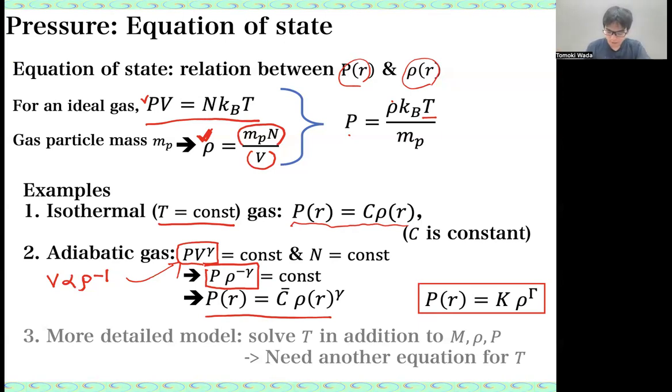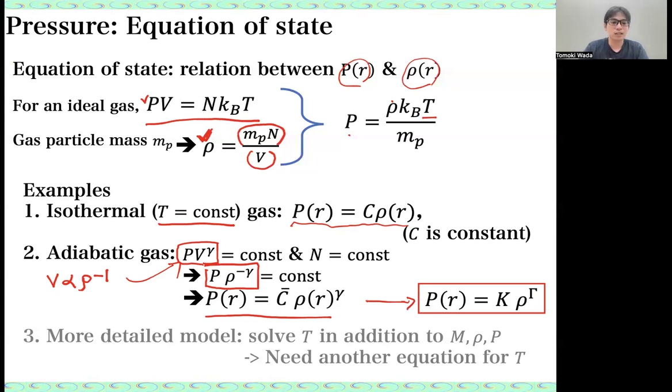And in this movie, we mainly consider this equation of state. I would like to rewrite this equation of state as here. Gamma is in capital form, and the constant is K. In addition to these two cases, there is one more good option. This option is solving for T using radiation transfer equations.